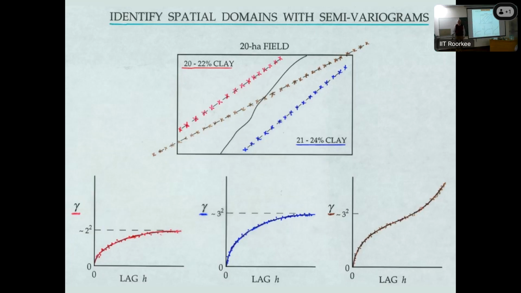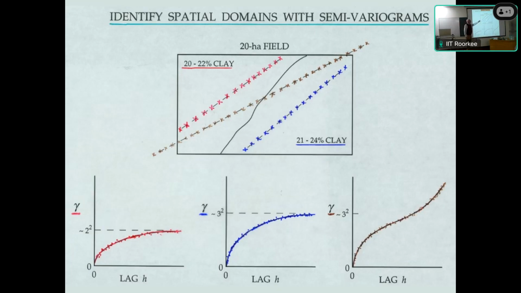Now we want to use the variogram to identify spatial domains with semi-variograms. So from looking at the range, at the shape of a variogram, and the magnitude of variance, we may identify the processes that go on in a domain.